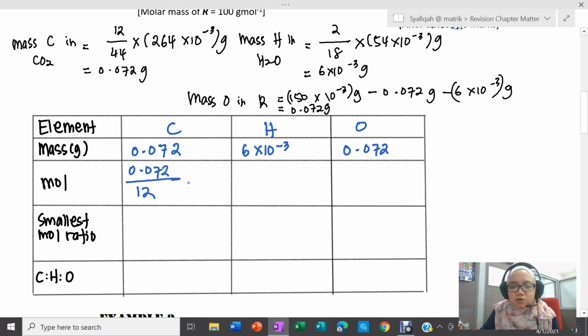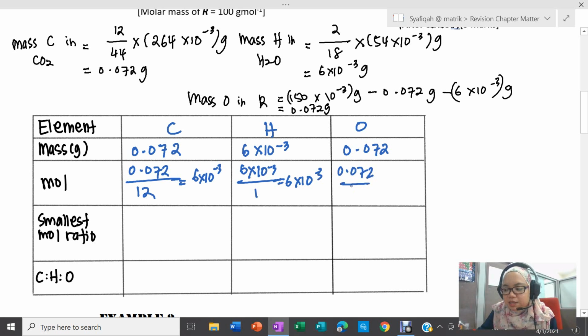Molar mass carbon 12, you will get 6 times 10 negative 3. Okay, molar mass hydrogen 1. So, sama juga dia akan dapat 6 times 10 negative 3 mole. Oxygen 0.072 divide by 16, you will get 4.5 times 10 negative 3.